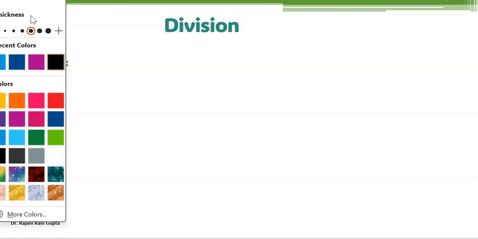Let's take, say, 4 over 15 divided by, let's say, 10 over 25. So we can write it as keeping the first term same, changing division to multiplication, finding the reciprocal of second term, that is 25 over 10.